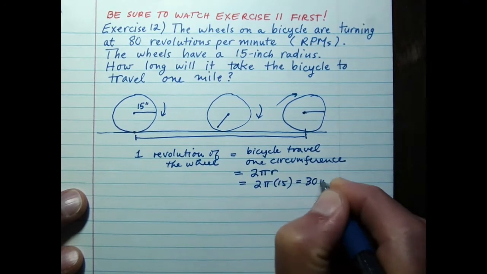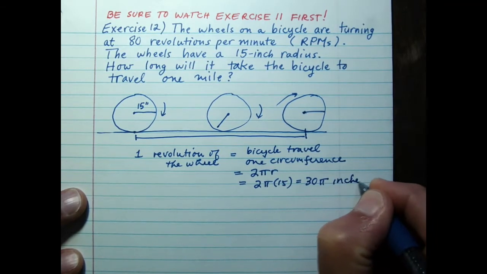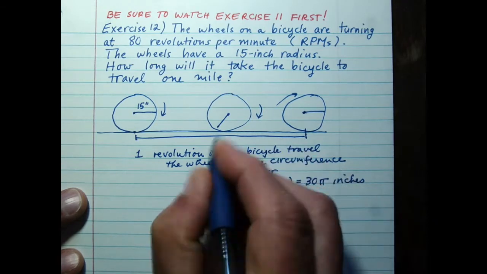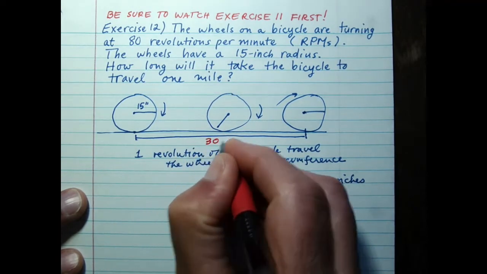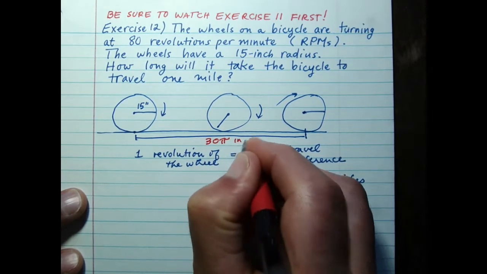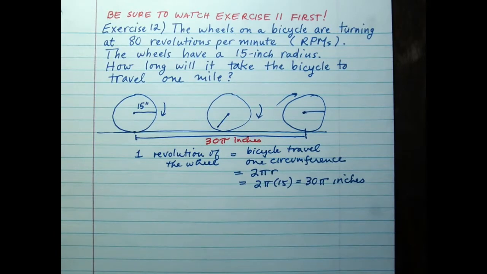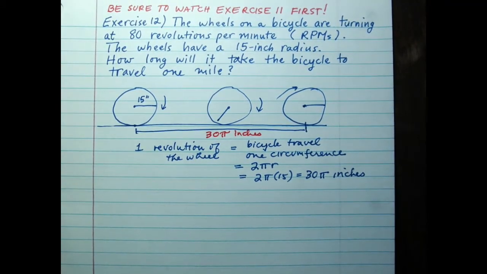That's 30 pi inches of length. So this distance here, in red, is 30 pi inches. Don't lose the pi. It's 30 times pi. It's not just the number 30. So we're going to use that information to solve this problem.